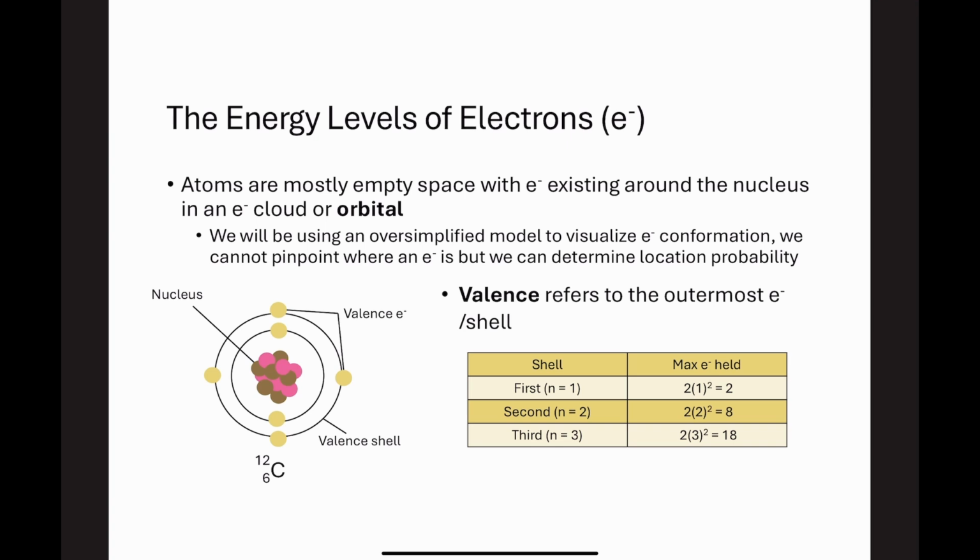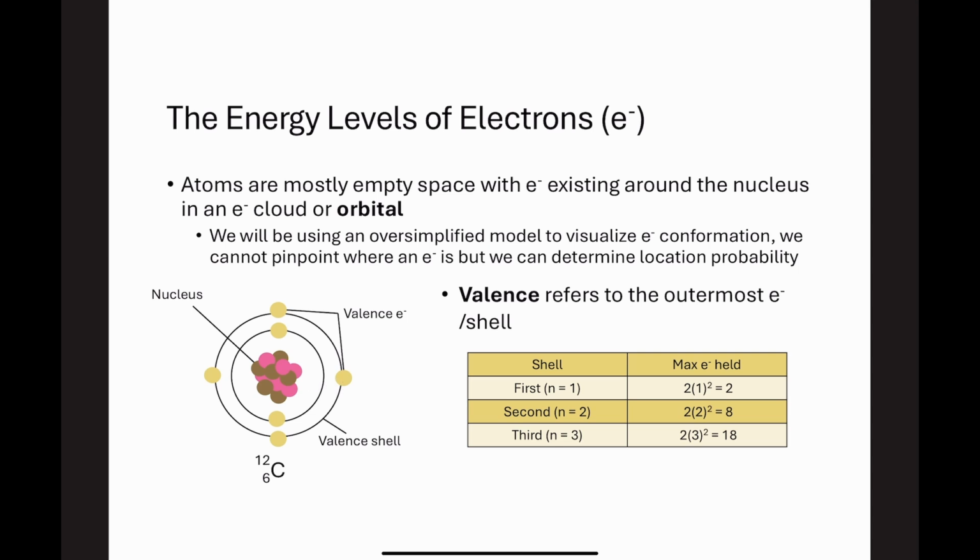I did say that defining an atom's structure by its shells is an oversimplified model. So please keep in mind that electrons do not perfectly surround the nucleus like how we're seeing here in this carbon. We do not see them perfectly orbiting around here and here. They are somewhere within this electron cloud.